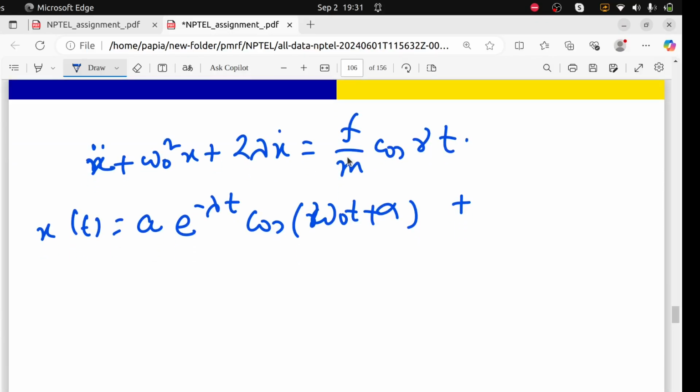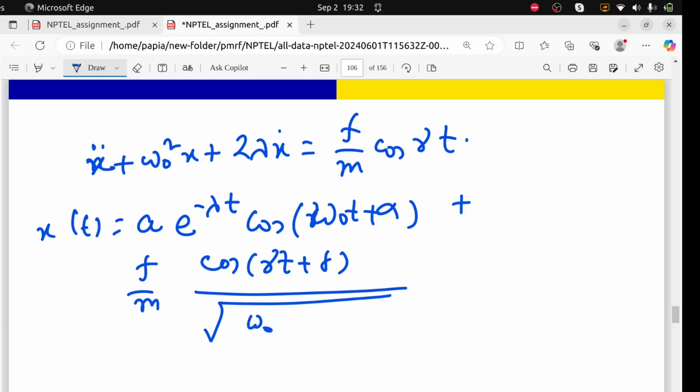It will be at resonance condition, right? So without resonance, what will be that one? That B will be there. And what will be the expression for B here? The expression for B is nothing but this: F by m cos gamma t plus delta, root over omega 0 square minus gamma square whole square plus 4 gamma square lambda square.